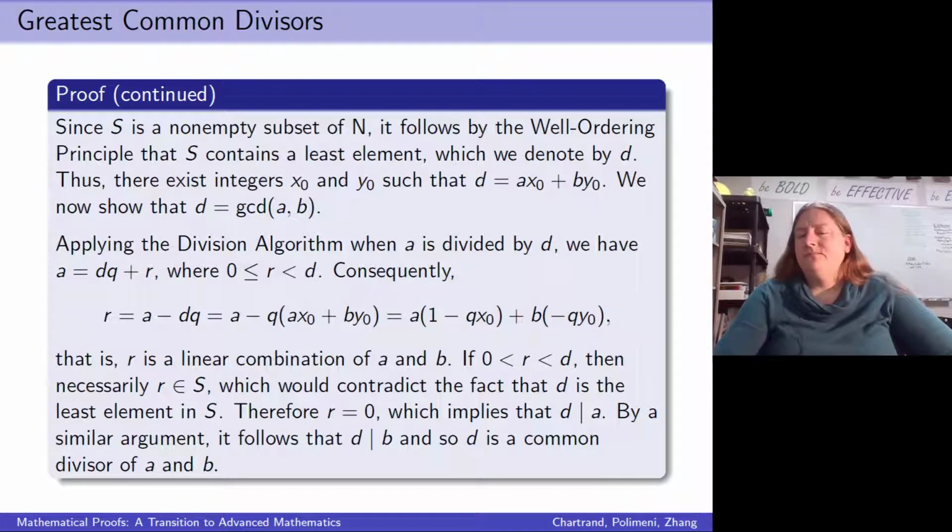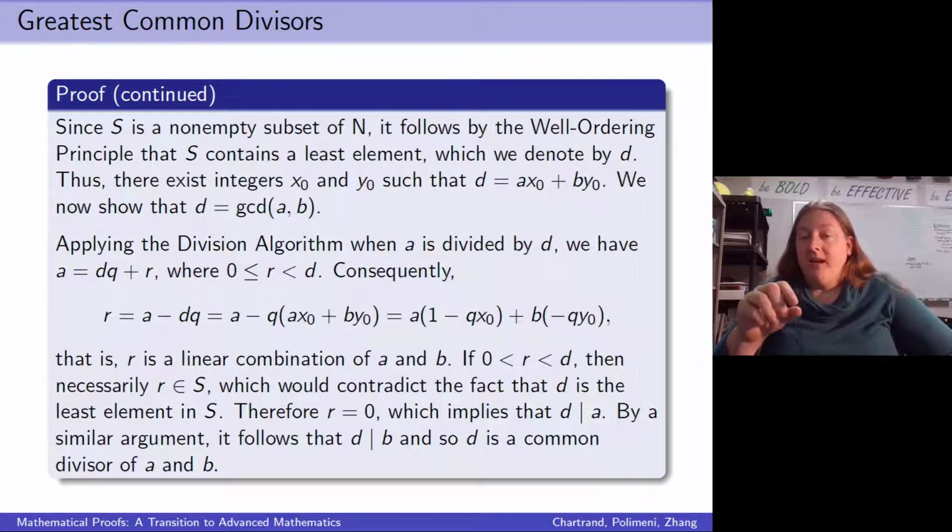Well, now, if I do a little bit of arithmetic moving stuff around here, distribute the Q and then factor out an A and factor out a B, I end up getting A times the quantity 1 minus Q times x sub 0 plus B times the quantity negative Q times y sub 0.